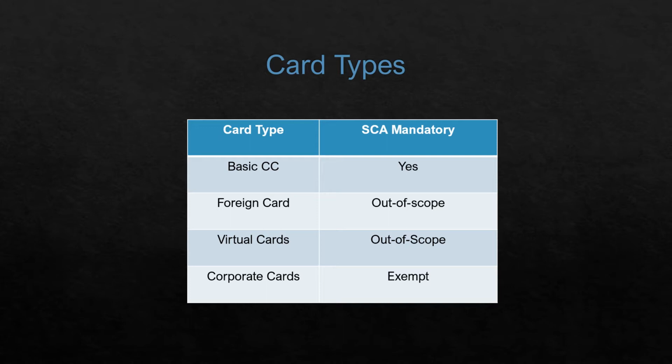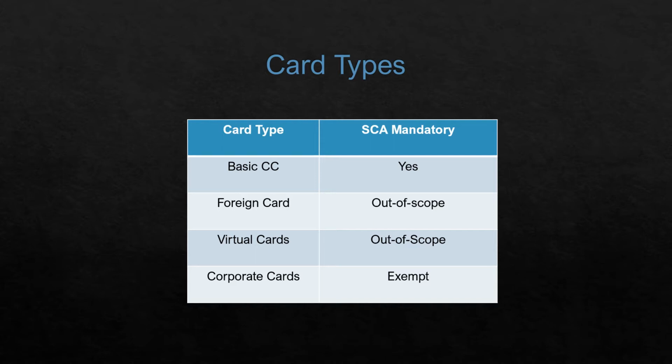So let's start. The very first card is the basic credit card, which we all hold. It might be a Visa card, MasterCard, Maestro card, Amex card, etc. It's a long list. And yes, these cards need SCA from January 2021.